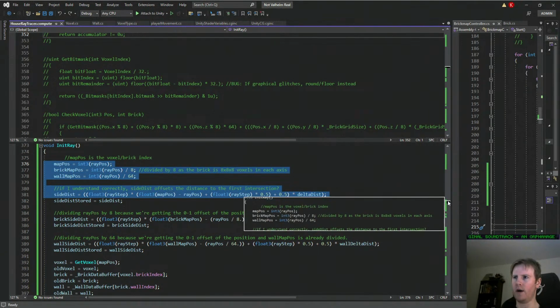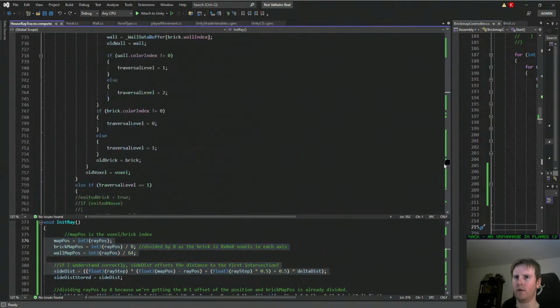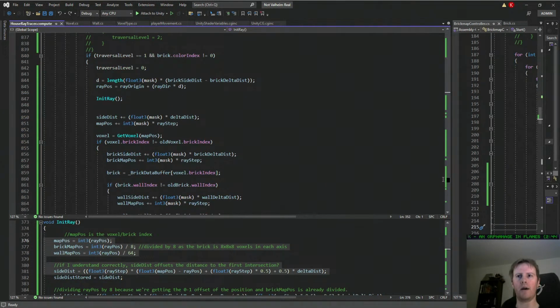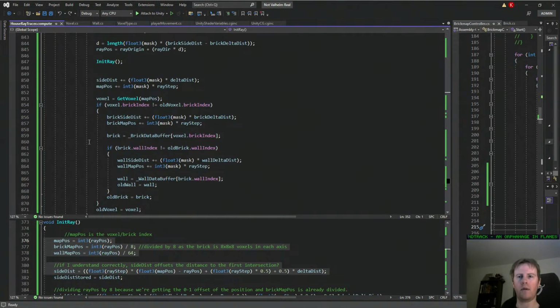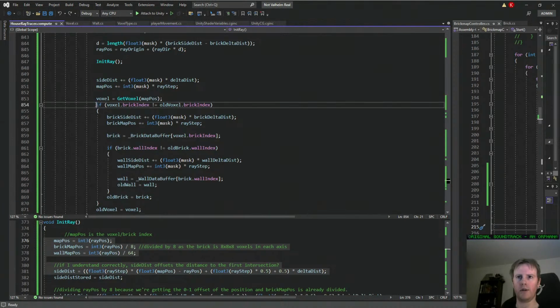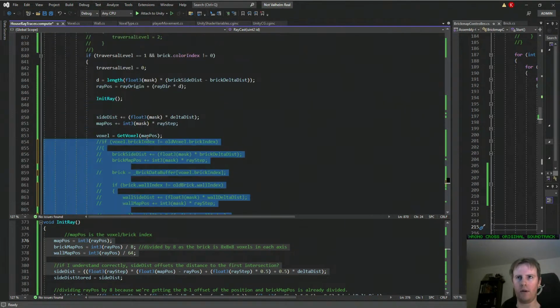Alright, let's try this without init ray, so that we do not re-init the higher level. So we just keep this, because we're moving down a level.